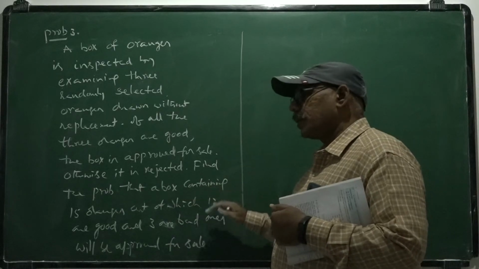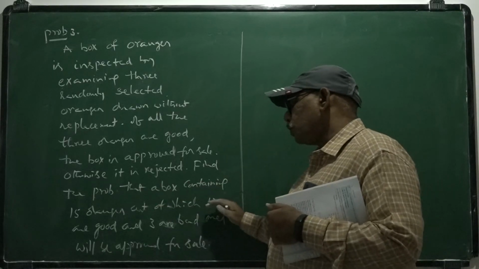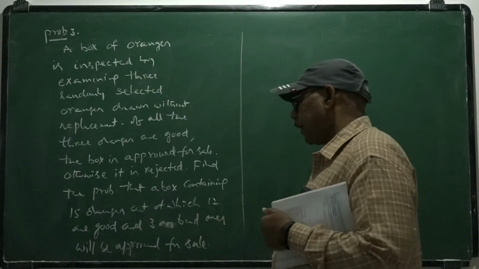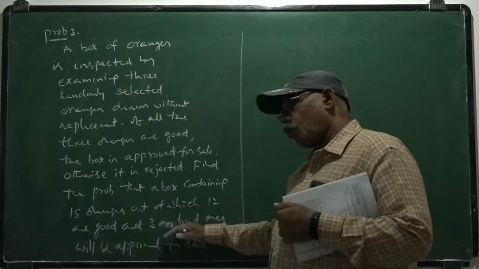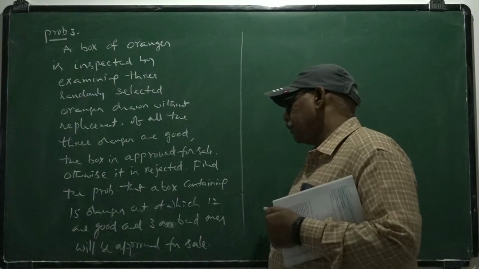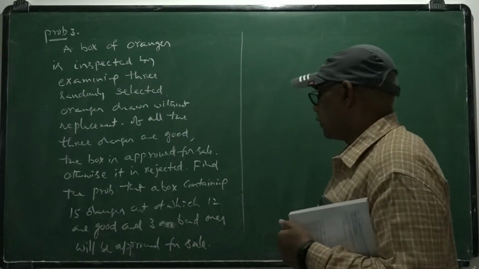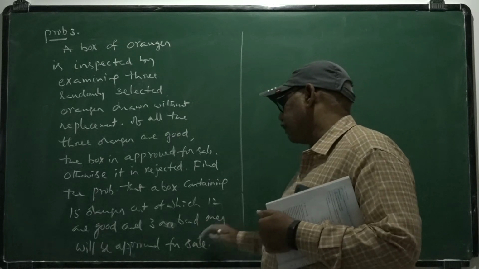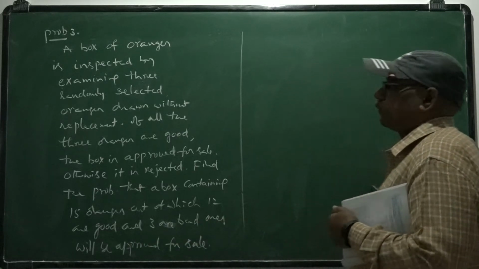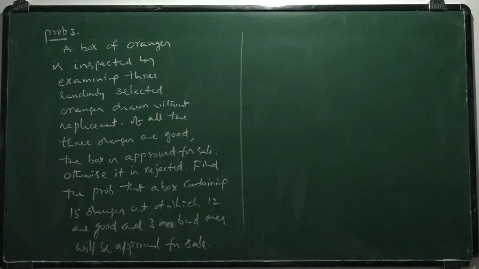Find the probability that a box containing 15 oranges, out of which 12 are good and 3 are bad, rotten oranges, will be approved for sale.